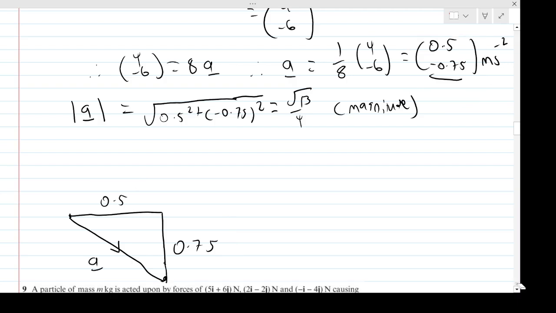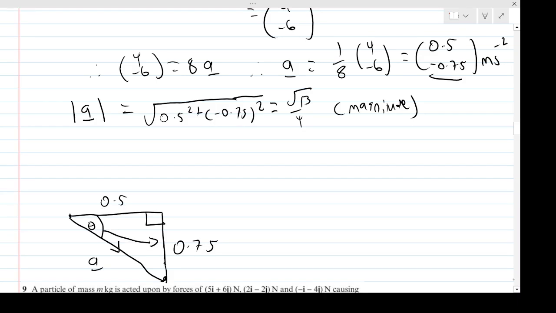So what's the direction? What we can say is this angle here, from the horizontal. So this is the horizontal line. To work out theta, we can use SOHCAHTOA, we can use tan.